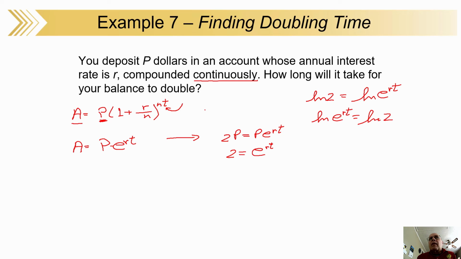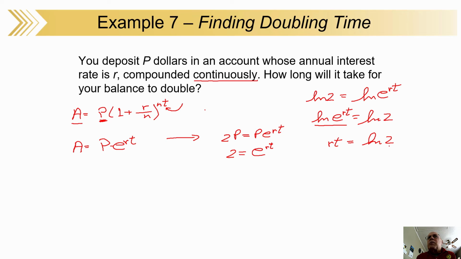Next, I've got a natural logarithm of e to the rt. Wait, didn't I just see this a minute ago? Natural logarithm and e to a power are inverse operations. So when I do this, I'm going to end up with rt all over again. And that's equal to the natural logarithm of 2.